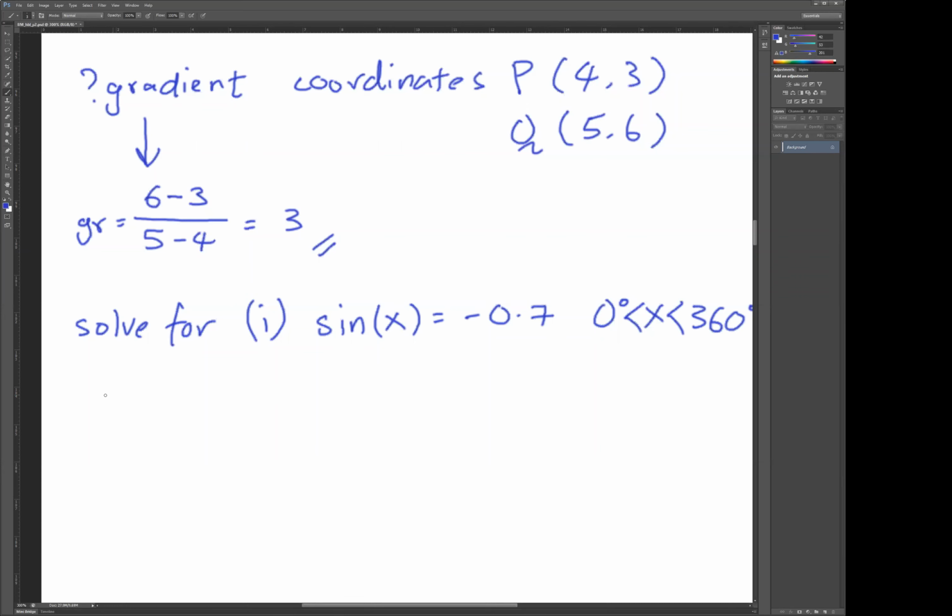So let's find, always the first one, find the basic angle. You press on the calculator, so you get theta, or x, is equal to 44.4. You get this?